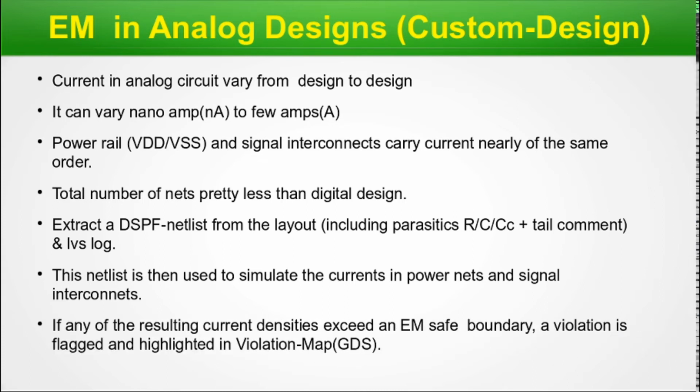As I mentioned earlier, if any of these resulting current densities exceed the EM safe boundary, a violation is flagged for that particular net and a violation map is generated. This could be GDS, whatever, and we overlay this violation map, the hotspot map, over the actual layout and point out the faulty points. So this was for the analog designs.